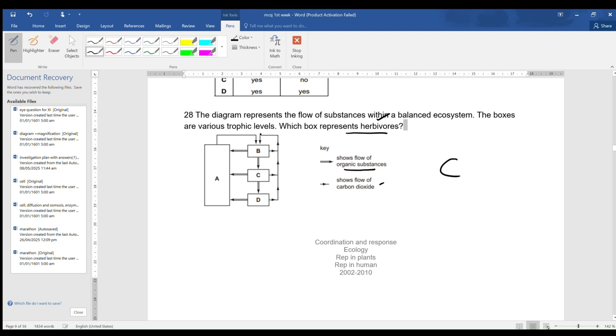All the carbon dioxide is gaining entry at part B. Therefore, part B should be producer and part C should be herbivore then. And part D is carnivore. Then what is A? As all the organic substances will eventually end up in A, therefore A should be decomposer.